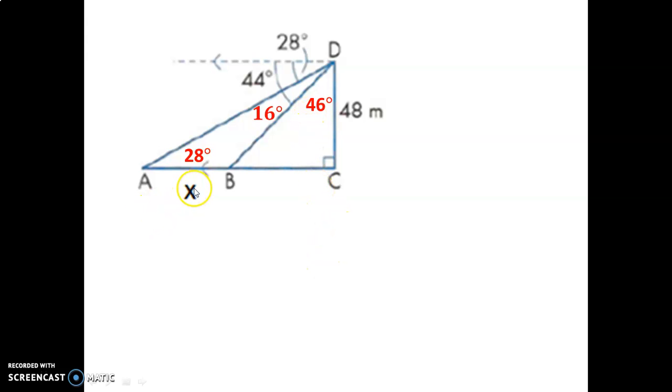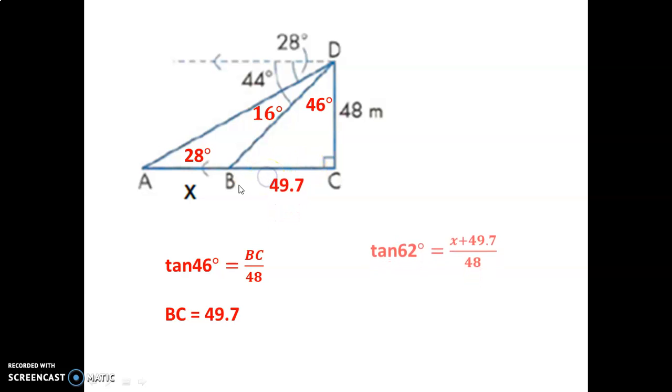Our goal is x, so what do you think you can do next? Well, in this one, we can set up a tan ratio: tangent of 46 is opposite, this one here, BC, over adjacent 48. That means BC is 49.7 when that's solved. Now set up tangent again for this entire angle. Now we're looking at the entire right triangle.